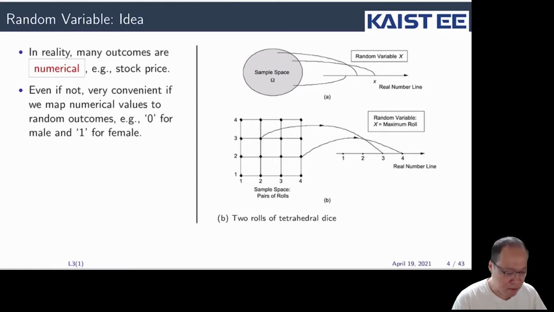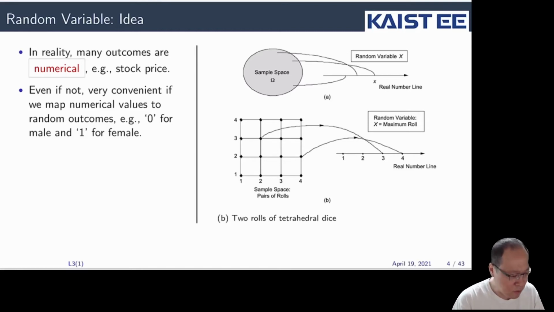But even if they are not numerical, it's very often convenient to map numerical values to random outcomes, for example, 0 for male and 1 for female. By assigning numbers to the outcomes, we can include them in mathematical forms and expressions, which is very convenient to handle.